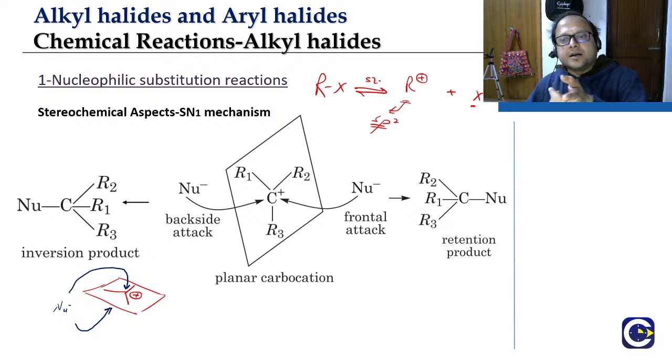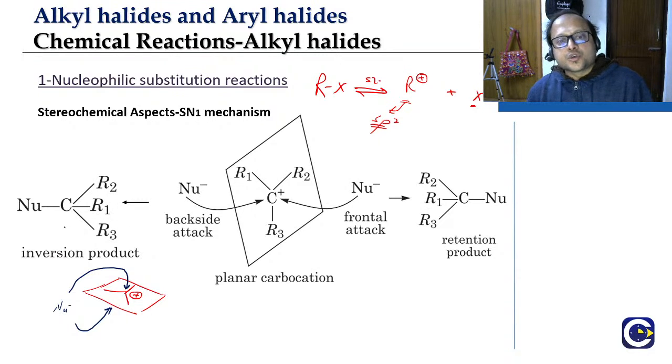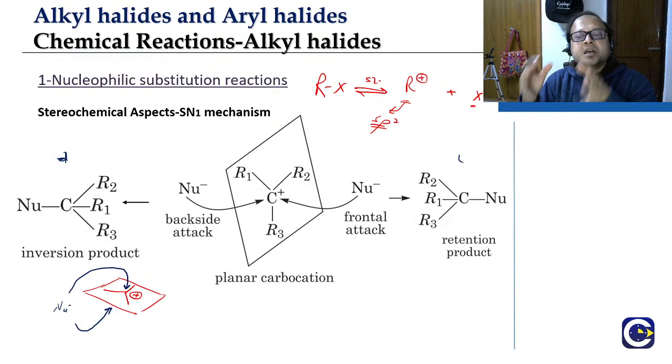Whatever the optical activity of this compound is, suppose it is D, then the other will be L, and since both of them are equally formed, the probability favors both of them, so we are going to get a DL mixture of alcohol, which means it is a racemic mixture, and hence it cannot be separated to start with.